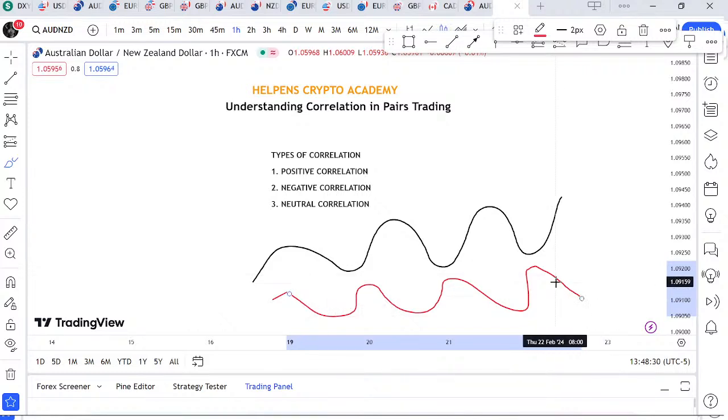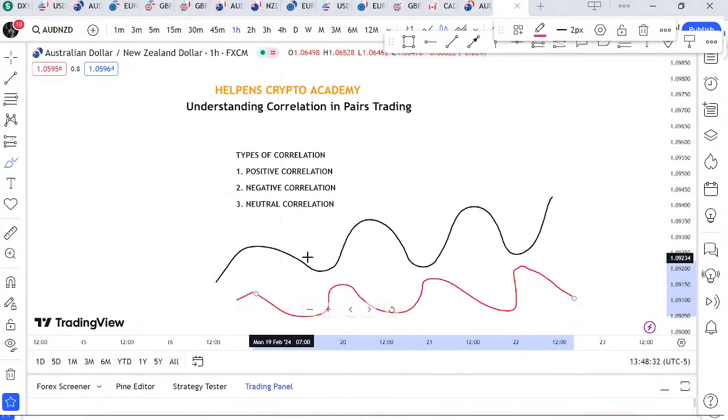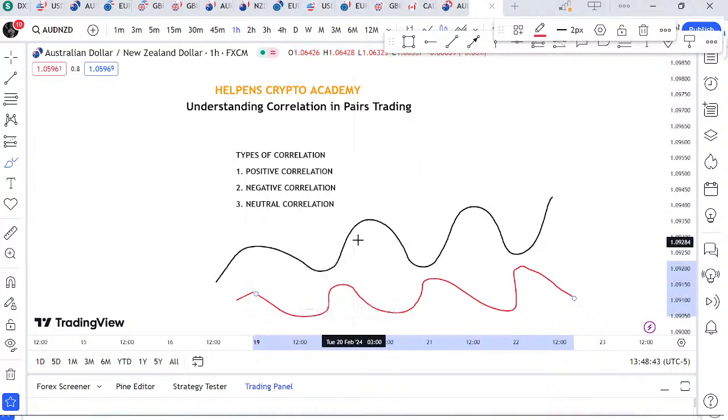These two pairs are said to be negatively correlated because as one goes up, the other one comes down like this.